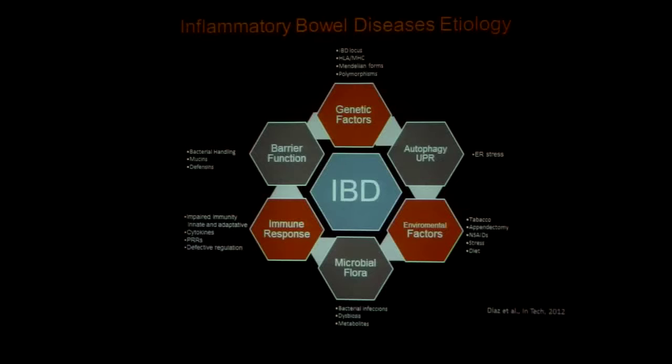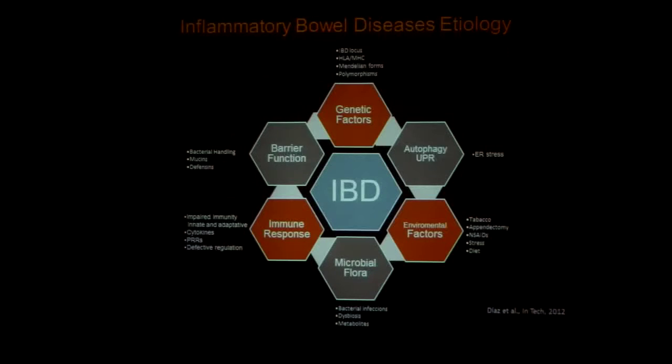But recently, as was told in the 2 previous talks by Dr. Good and the previous talk too, the barrier function is quite important in these diseases. Also the microflora, and now the endoplasmic reticulum stress that was told in the first day, and that autophagy is also important.